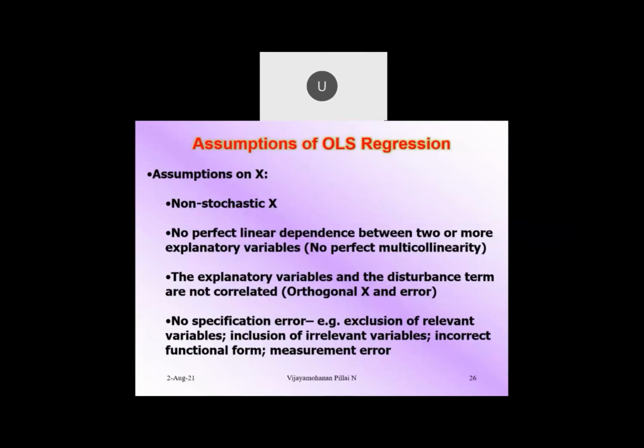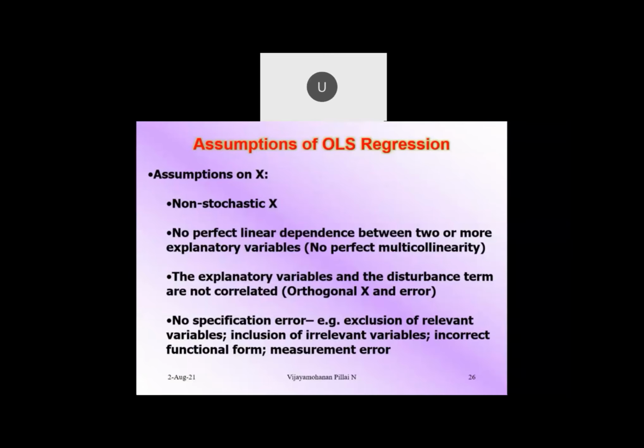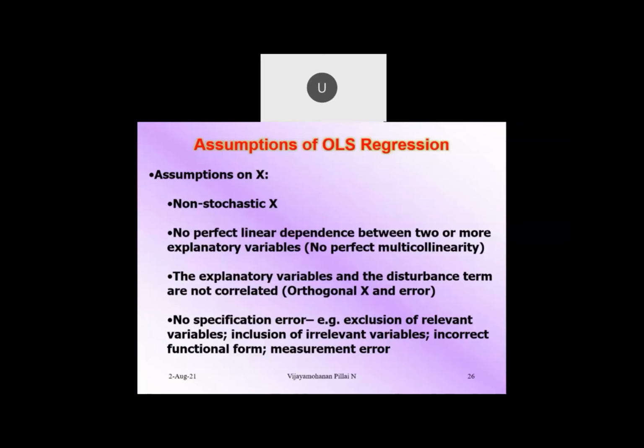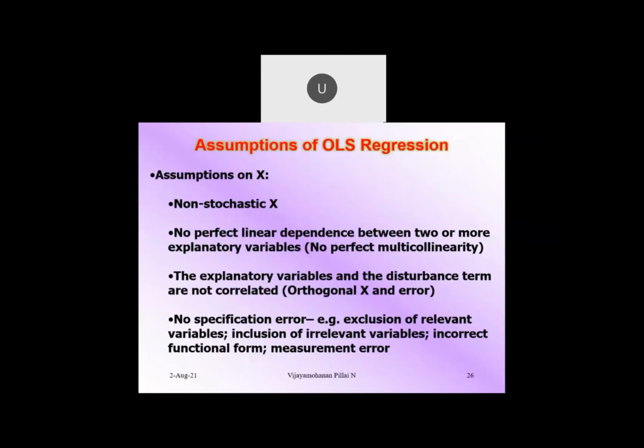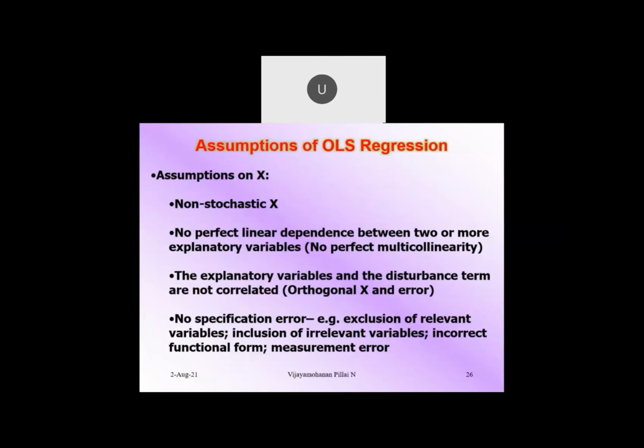Then finally, we have another assumption that there should not be any specification error. Usually, the specification error happens by way of excluding some relevant variables or including some irrelevant variables or incorrectly specifying the functional form or committing some measurement error.